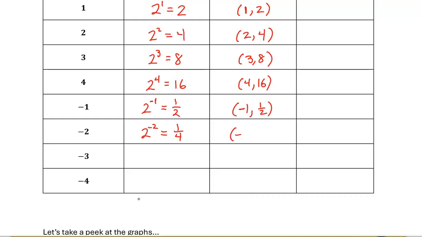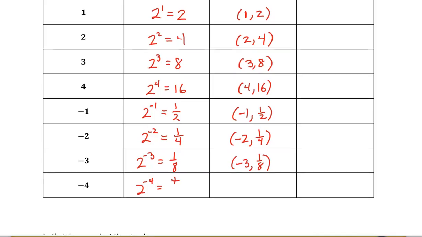So at negative 2, we're at 1/4. At negative 3, of course, the reciprocal of 2 cubed, which is 8, so that's 1/8. So negative 3 is at 1/8. And finally, 2 to the negative 4, as you already know, it's going to be 1/16. So that's negative 4 comma 1/16.